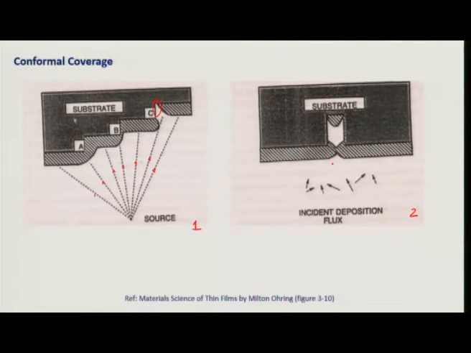Now, as you see, if your flux is coming uniformly, then it gets deposited on this surface here and here, as well as it goes inside. Okay. But since material is also depositing here, before there is a chance for this area to get filled up, the mouth of this gets closed, okay, leaving this whole unfilled region inside, which may create problems in the functioning or the lifetime of the device.